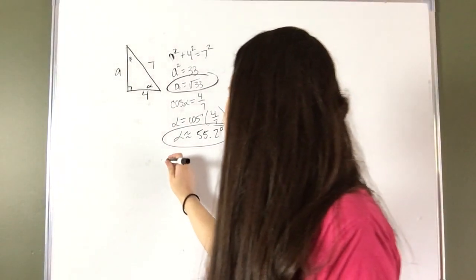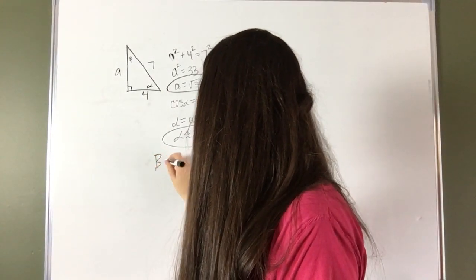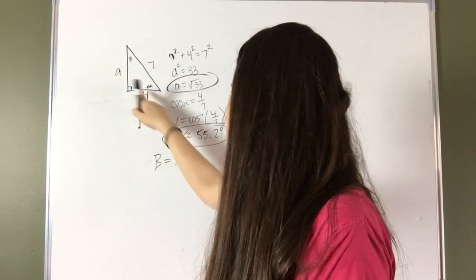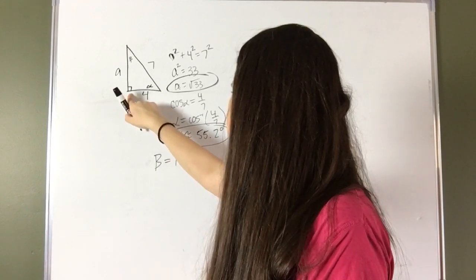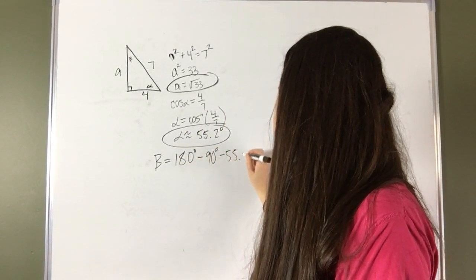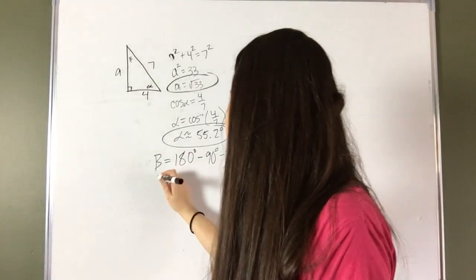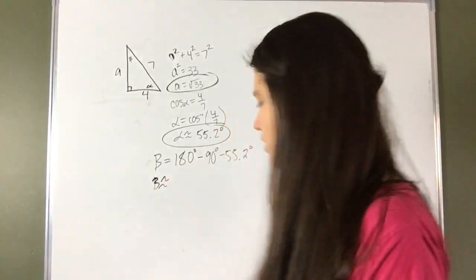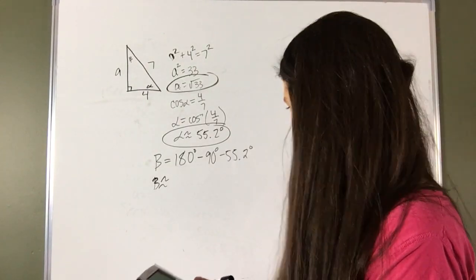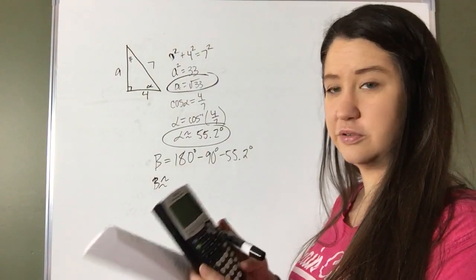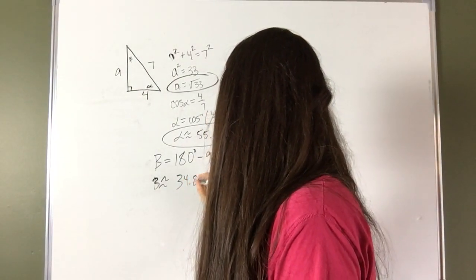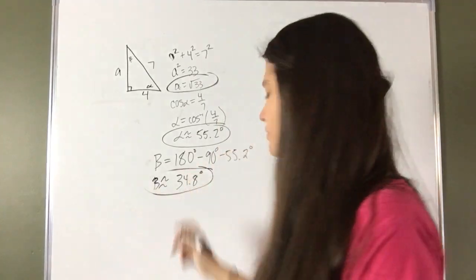So beta we could find by just taking the 180 degrees and subtracting what we already know we have inside the triangle, which is a 90-degree angle and a 55.2 degree angle. So beta is going to equal approximately 180 minus 90 minus 55.2, which is 34.8. All right, so now we have beta.